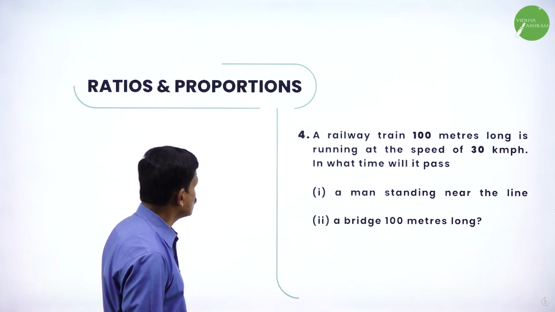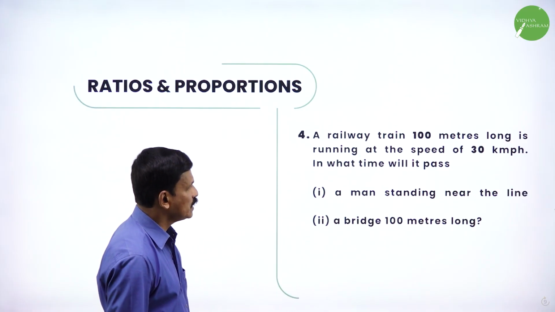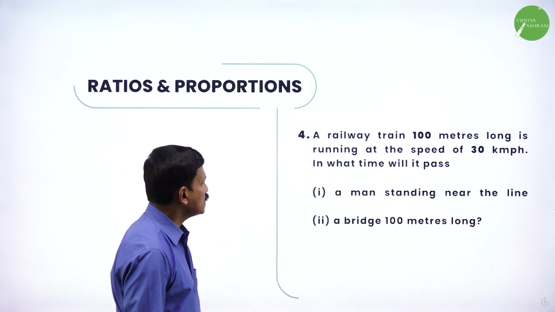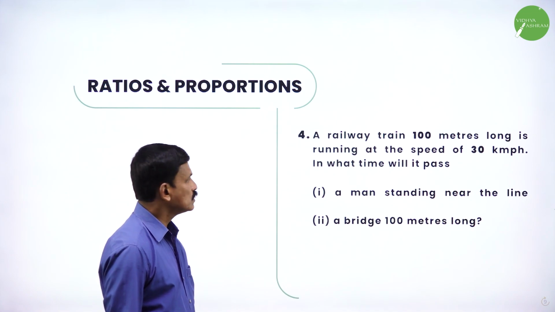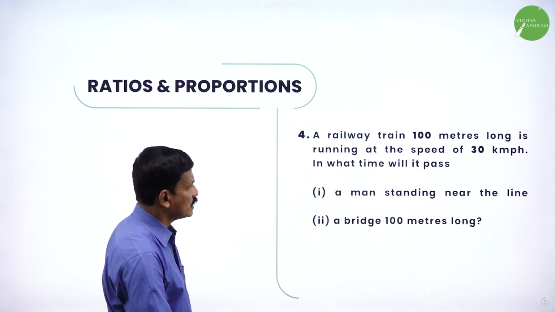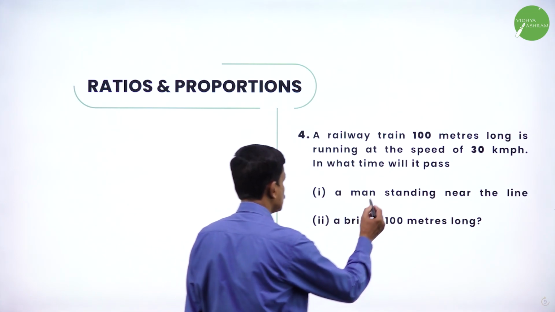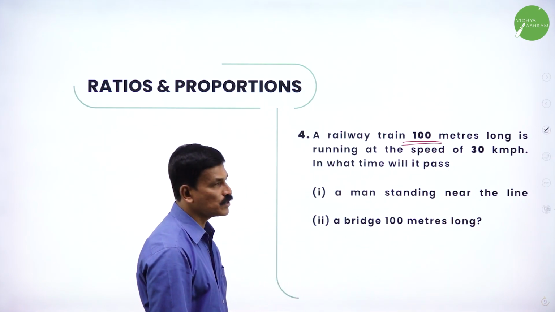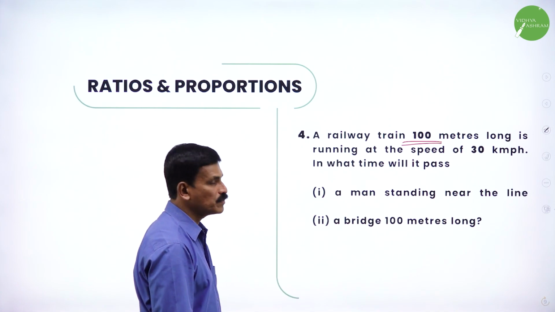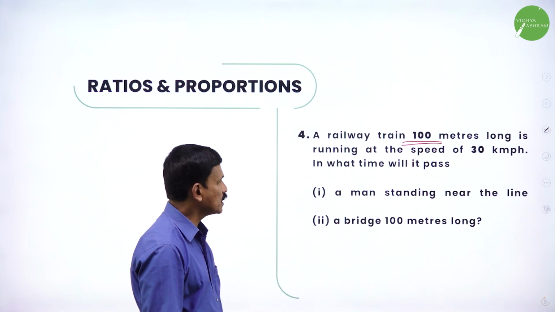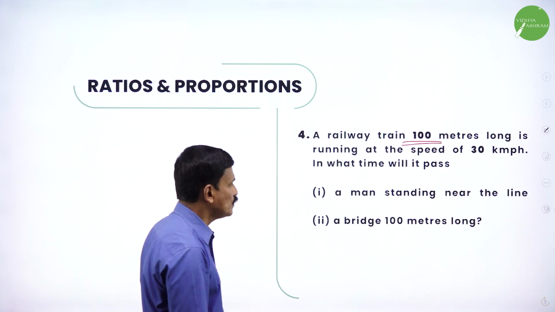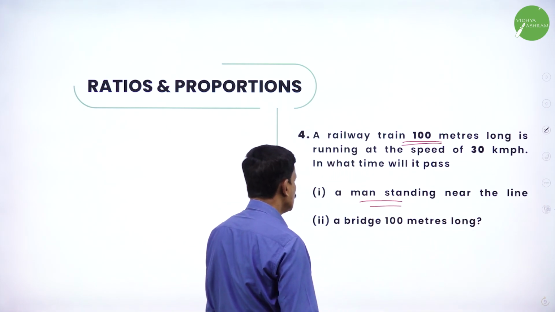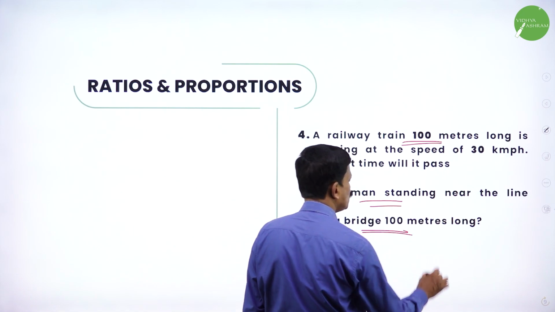The next problem is: a railway train 100 meters long is running at the speed of 30 kilometers per hour. In what time will it pass a man standing near the line, and a bridge of 100 meters long?